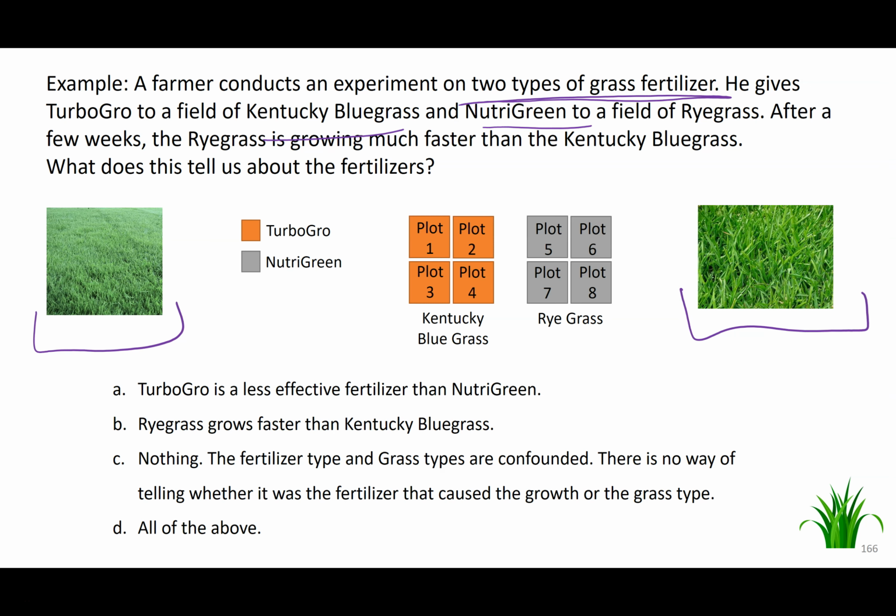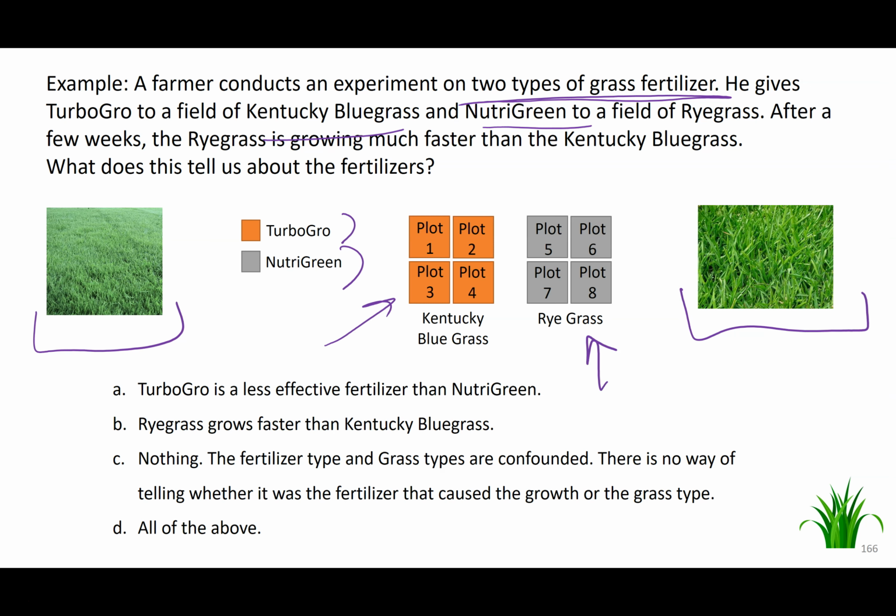Specifically, they're interested in looking at the impact of the fertilizer. So they have Turbo Grow and Nutri-Green, which totally sound like real names, right? And they want to figure out, okay, let's assign Turbo Grow to half and Nutri-Green to half. The Kentucky bluegrass is broken up into 4 plots.